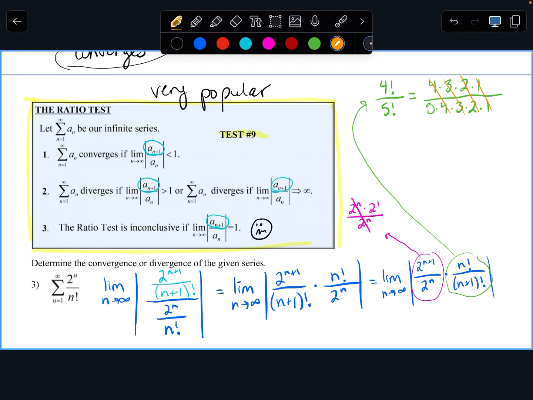So if you had to do this like n plus 1, which is all fancy, if you had n factorial over n plus 1 factorial, the way the numerator would go would be n times, and then the next term is 1 less, because you know how it was 4, then 3, so you go down 1.